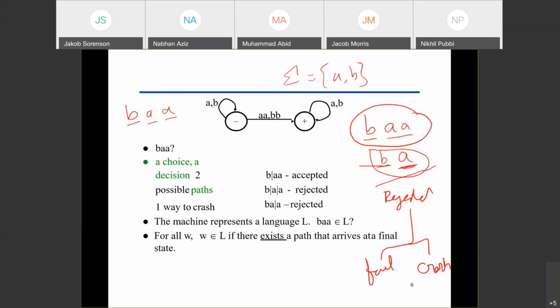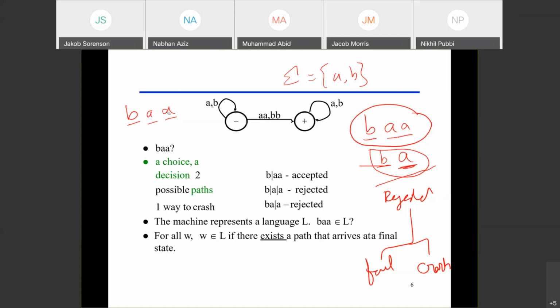So three inputs, three letters. Now in this case, what happened? It would fail. You are right, I gave the wrong example. This is fail. Perfect. Excellent.